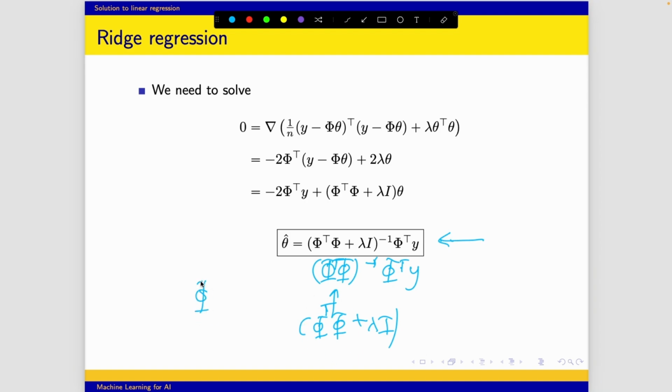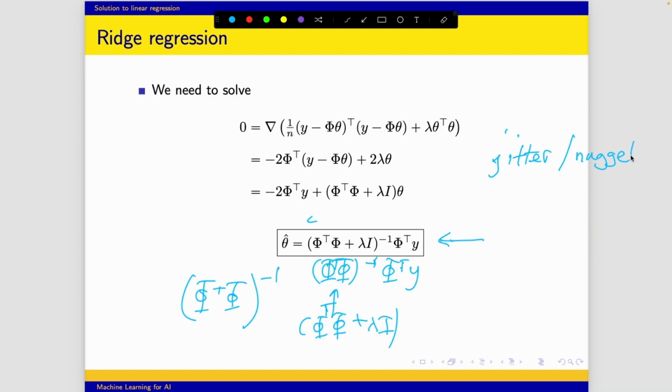Phi transpose phi is a matrix. Ill-conditioned means that its inverse, it's a square matrix, is unstable. Computation of its inverse is unstable, and that can be for all sorts of reasons. Sometimes when we have that situation, we add some jitter along the diagonal, also called a nugget.